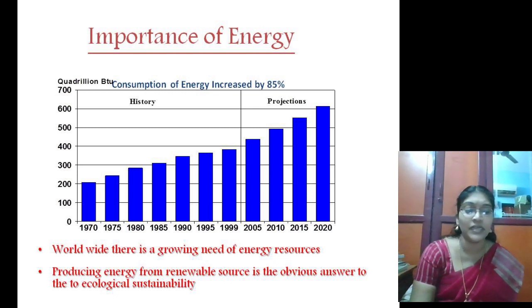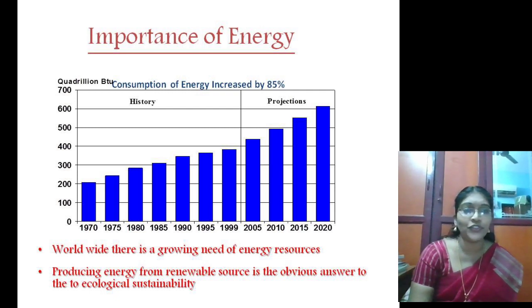GDP is important to assess the economic condition of any nation. So the energy production is more in the developed nations. The utility of energy is much greater than in the other nations.